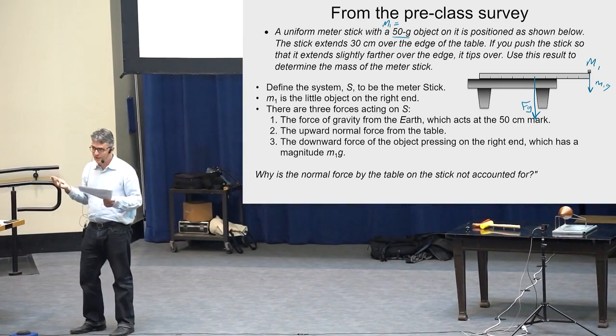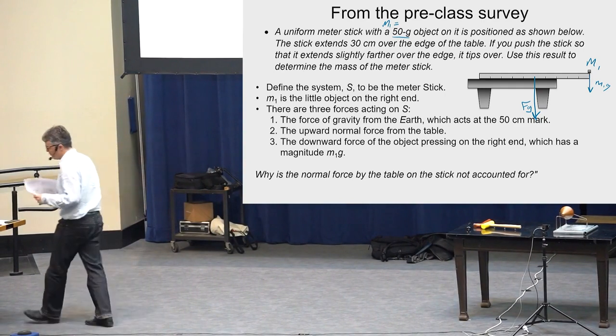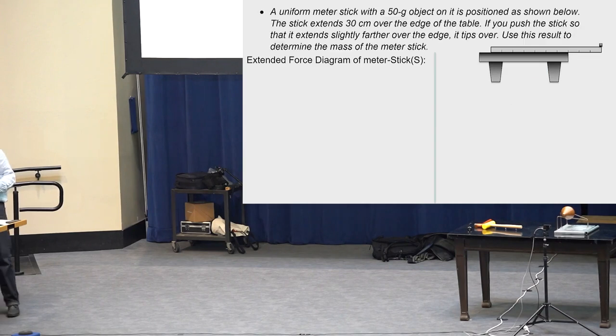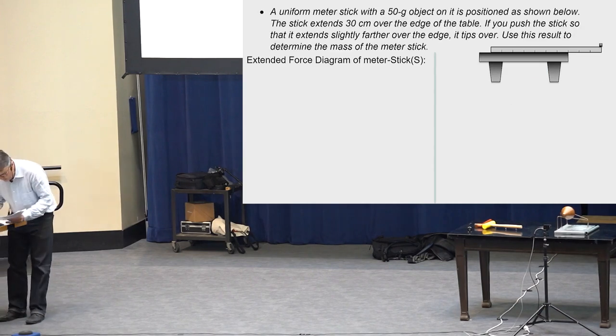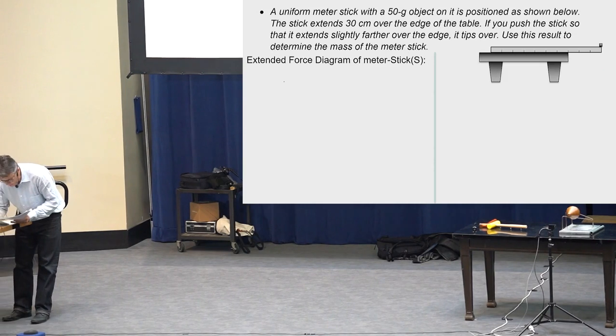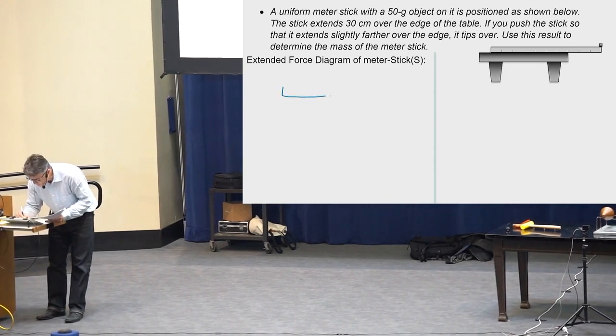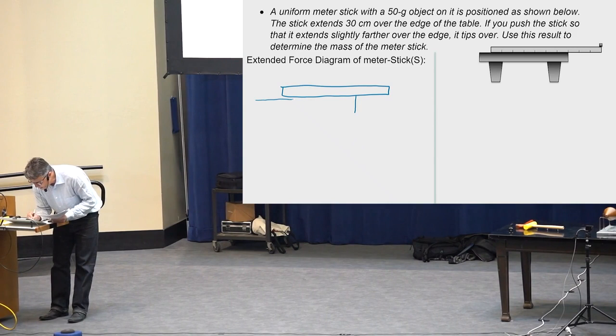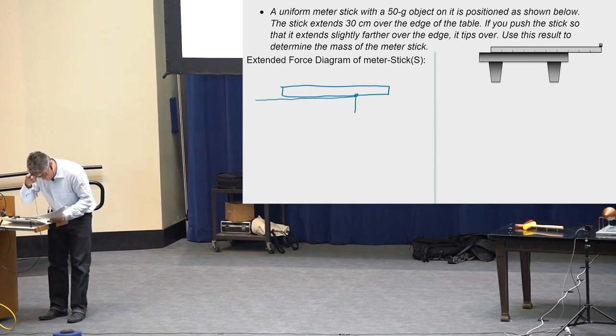So when you solve this problem, you don't do the normal force. I'll show you how you solve this problem. It's a bit strange. What you do is you draw an extended force diagram of the meter stick. So there's the meter stick. And what you do is you place the table under so that it's only touching at the right edge of the table. This is the whole trick.